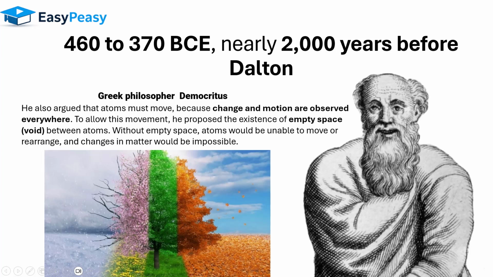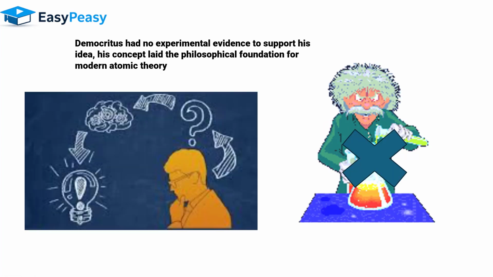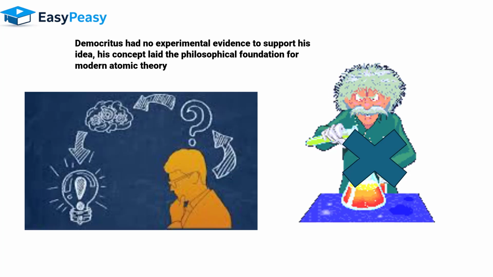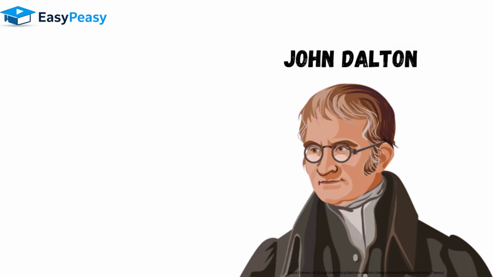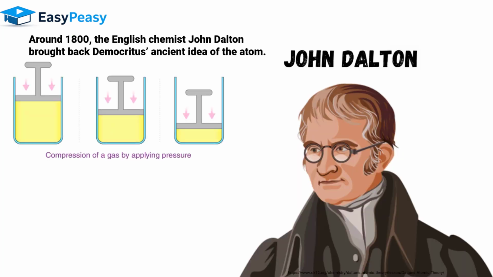But Democritus was a philosopher. He was not a scientist, so nobody took his logical points seriously. So after 2,000 years, around 1800, John Dalton was the first person who brought back Democritus' ancient idea about atoms.